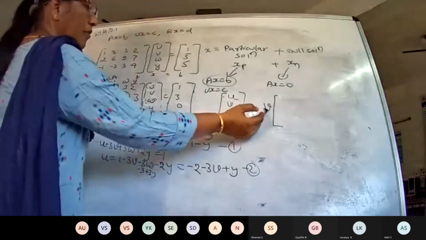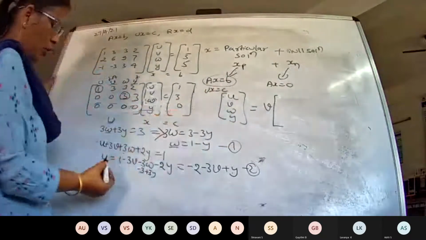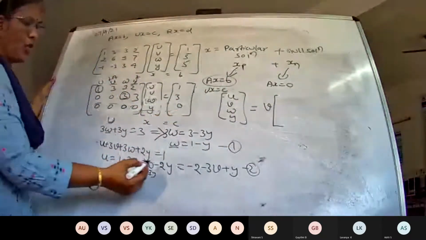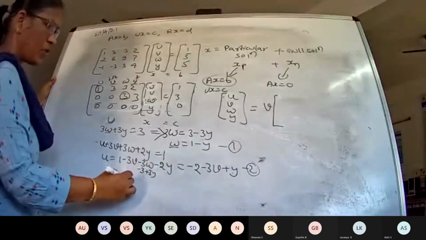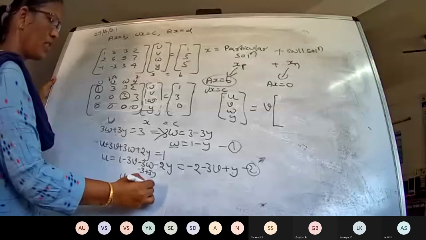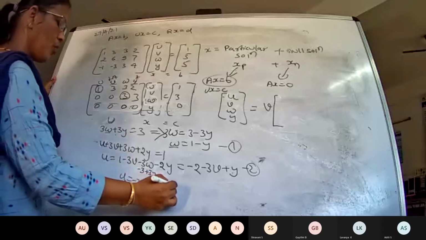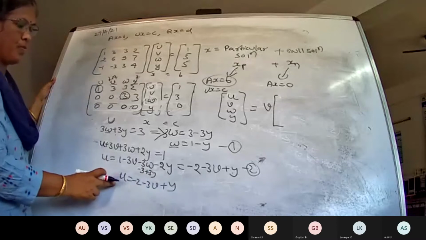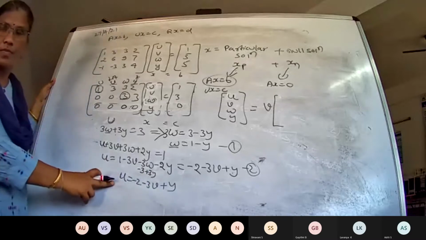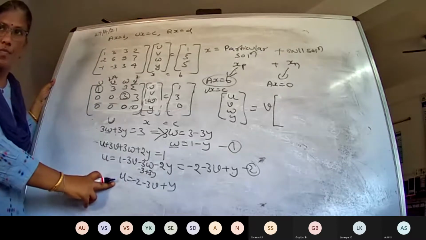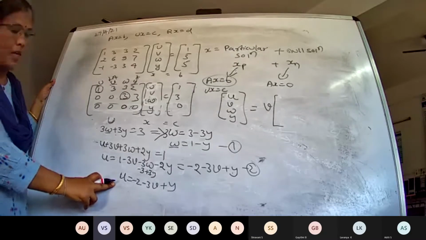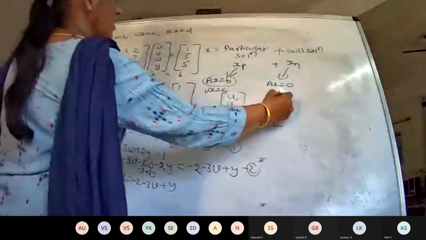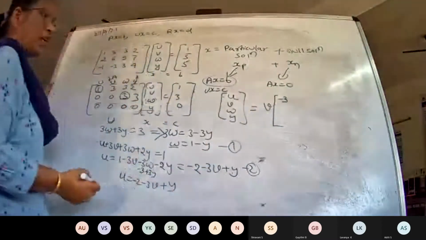What is the coefficient of V in U? You have the expression U equals minus 2 minus 3V plus Y, right? What is the coefficient of V in U? Minus 3. So write that minus 3.